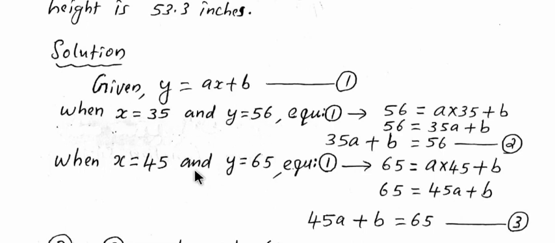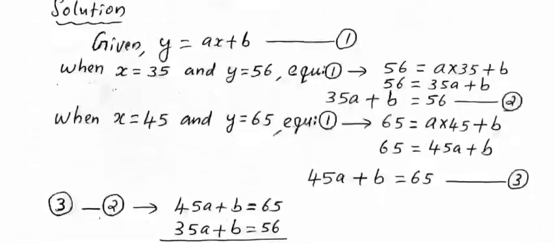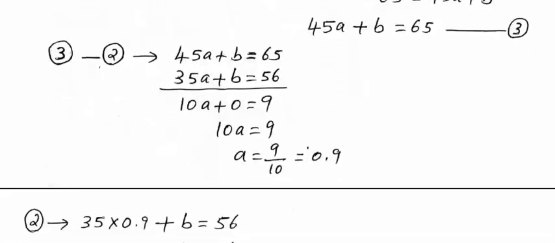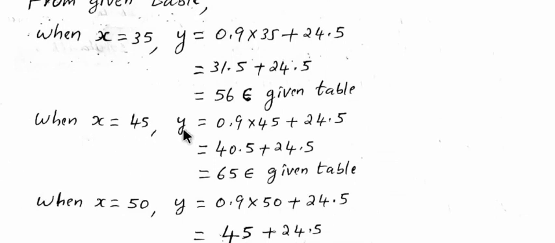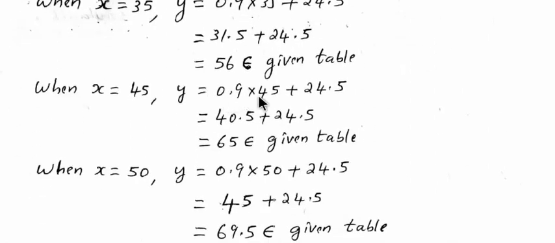Then take second value. What is second value? 45. Second value of x is 45. When x is equal to 45, in equation number 4, we can substitute y is equal to 0.9 into 45 plus 24.5.